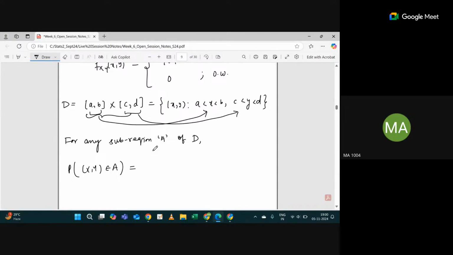So this probability is modulus of A divided by area of D. For any sub region, that is how you find the probability that (x, y) belongs to it. Now let me take one example.